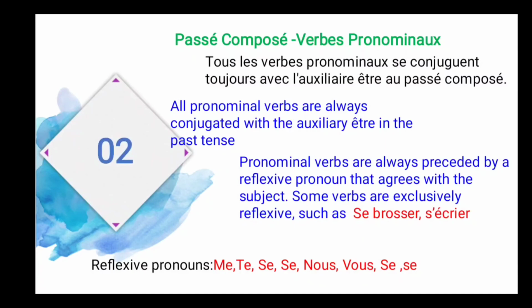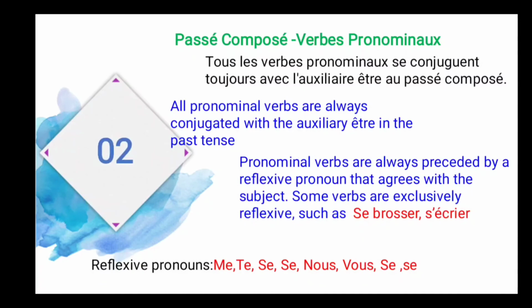And pronominal verbs are always preceded by a reflexive pronoun. What are the reflexive pronouns? Me, te, se, nous, vous, se. It means me is myself, te yourself, se himself, se herself, nous ourselves, vous yourselves, se themselves.